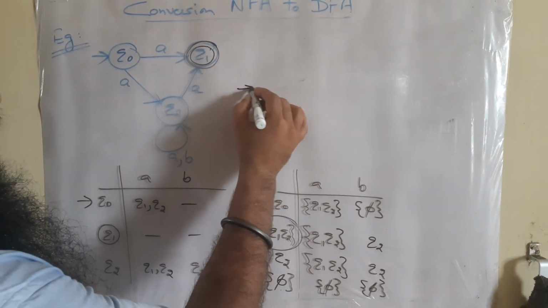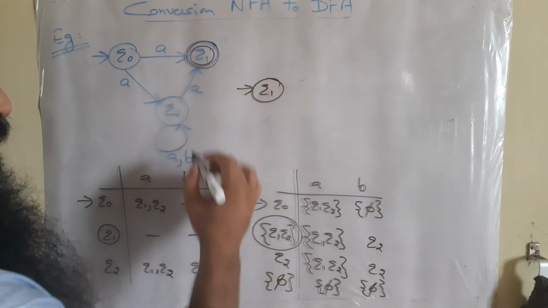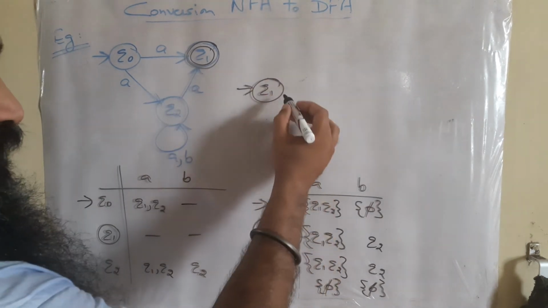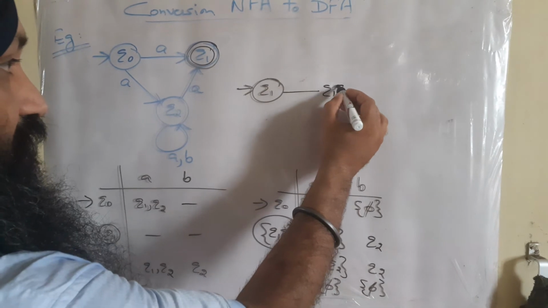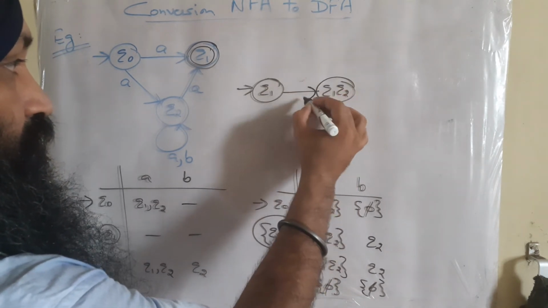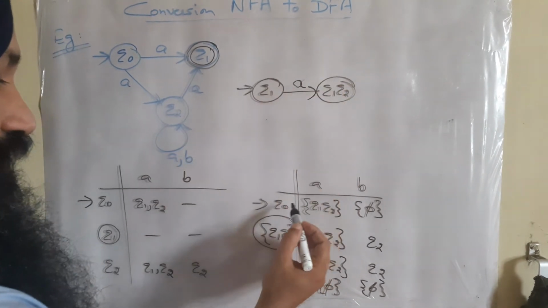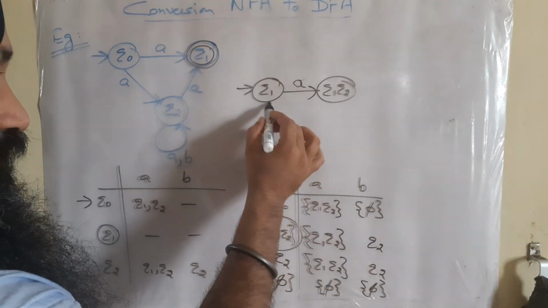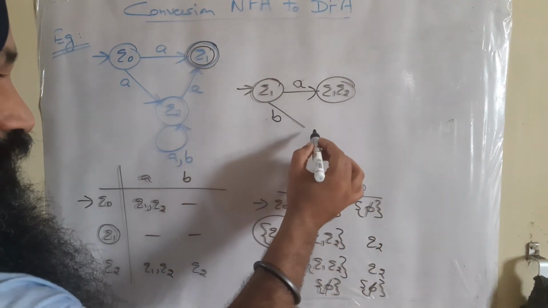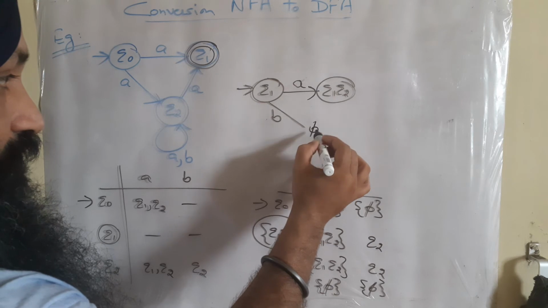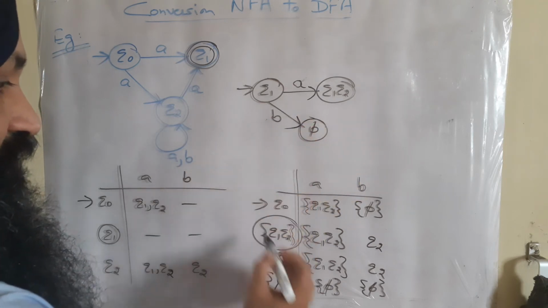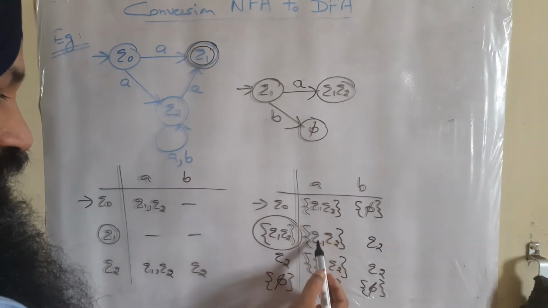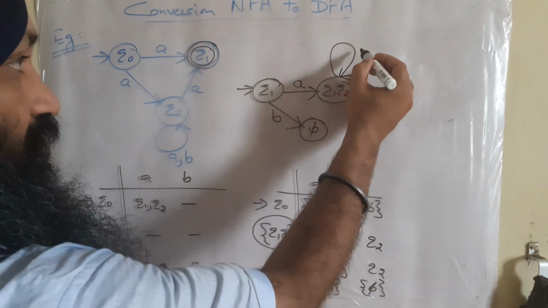So let's start. Q0, with respect to A, goes to another state, that is Q1, Q2, and with respect to B, it goes to another state, denoted by phi. With respect to A, Q1, Q2 stays at the same state.